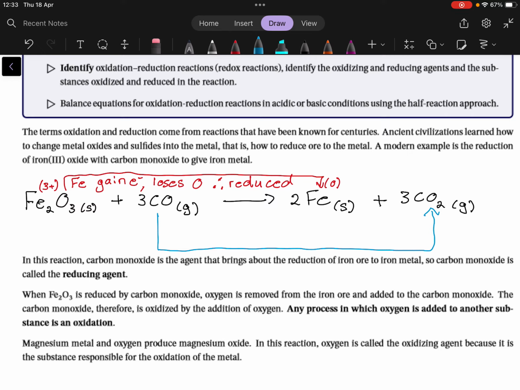So in other words, CO gains oxygen, and it will need to give electrons for the iron to gain electrons. In other words, it loses electrons. And in that process, it forms a bond with oxygen. So in other words, this one is oxidized.